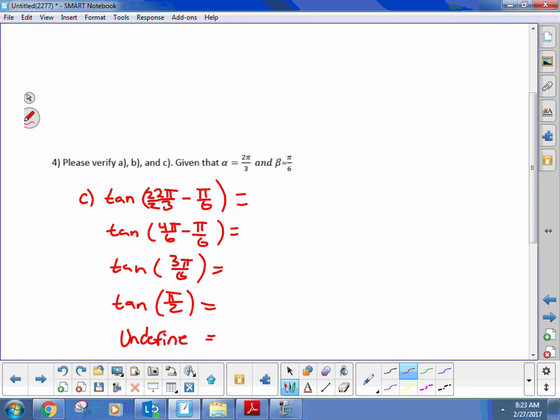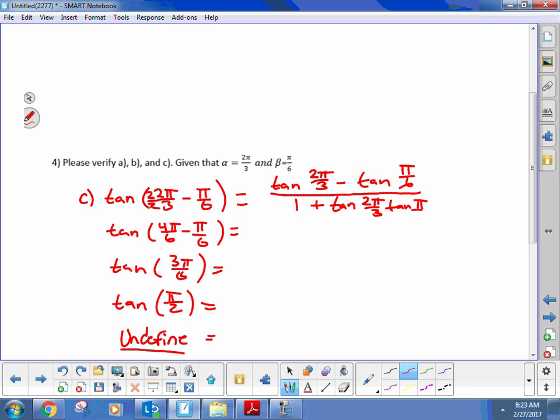I should be expecting on this one when I start doing my equation, tangent of 2 pi over 3 minus tangent of pi over 6, that my denominator, this undefined, is going to give me an indication that my denominator should be 0. Because that's the only time you actually hit an undefined. 1 plus tangent of 2 pi over 3, tangent of pi over 6.